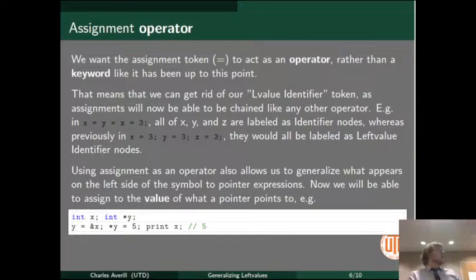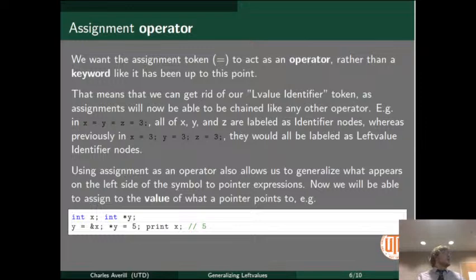And so in that example that I gave, originally we would have said x equals 3, y equals 3, z equals 3. And x, y, and z all would have been left value identifier nodes in our AST. But now x, y, and z are all going to be labeled as just plain identifier nodes. However, y and z are going to be marked as R values. And so that's going to tell our compiler down the line, hey, after you do the assignment, return the value of what it got assigned to so that I can stick it into something else.